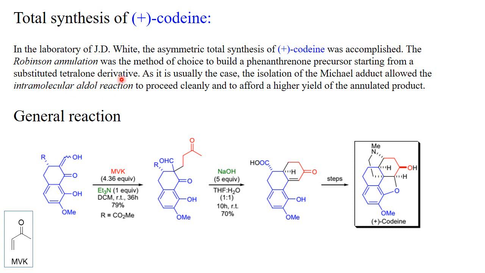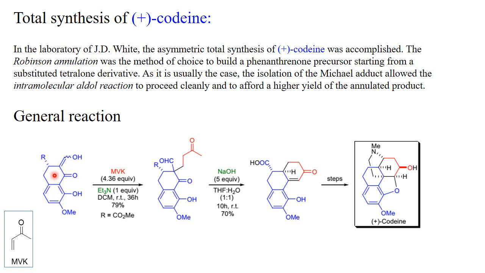Therefore it is shown as plus codeine. In the laboratory of J.D. White, the asymmetric total synthesis of codeine was accomplished. The Robinson annulation was the method of choice to build a phenanthrene precursor starting from a substituted tetralone derivative.